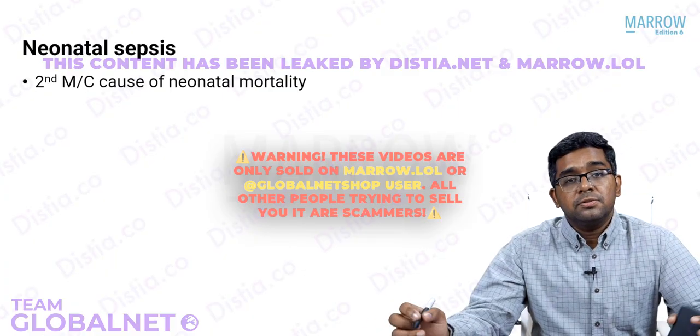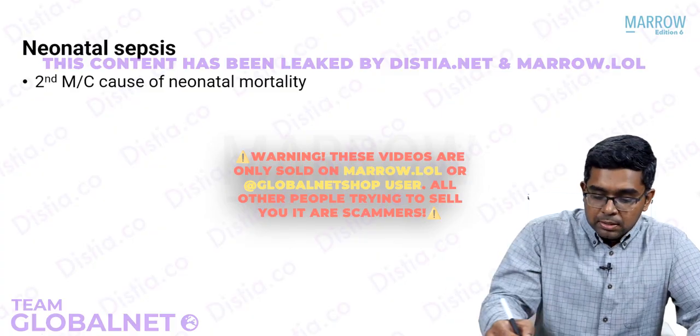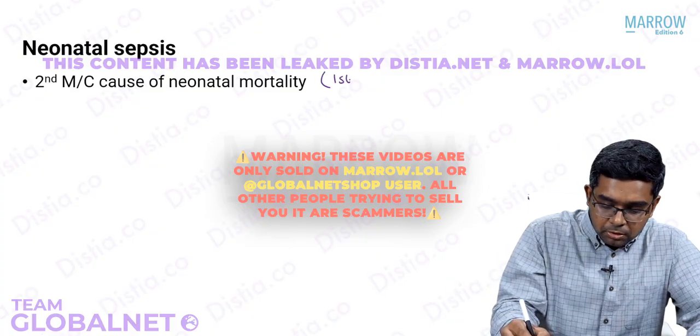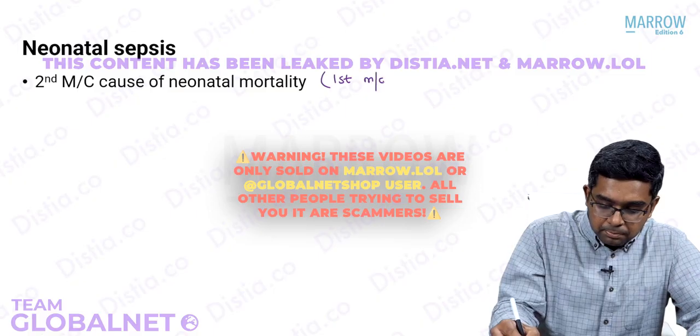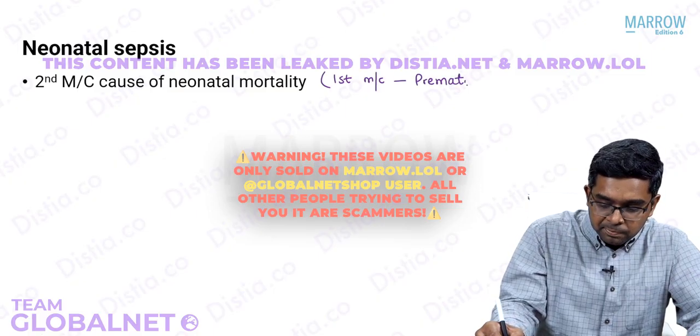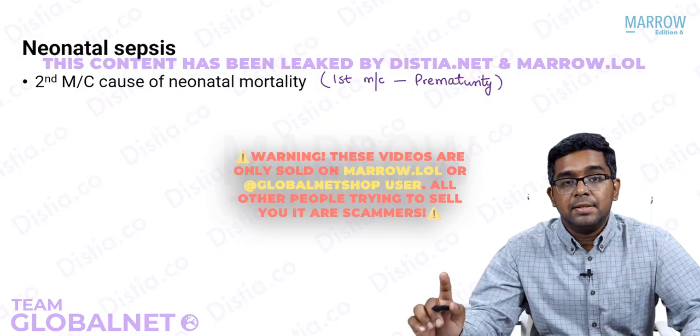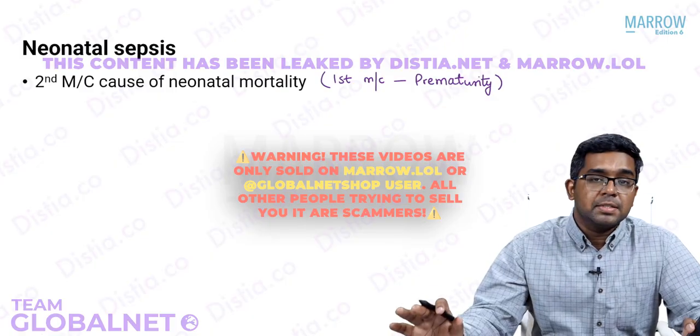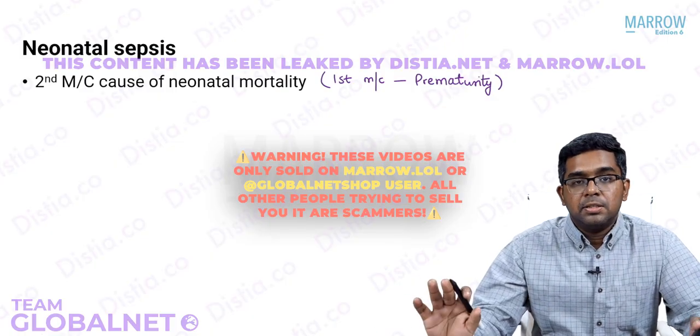Well then, what is the most common cause? The most common overall cause of neonatal mortality is prematurity. Second is neonatal sepsis. This by itself is an important MCQ question.